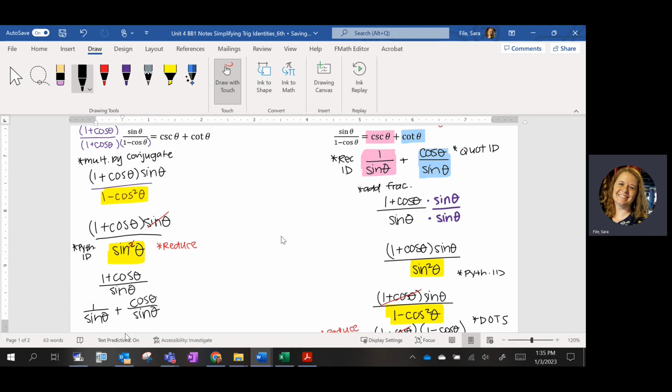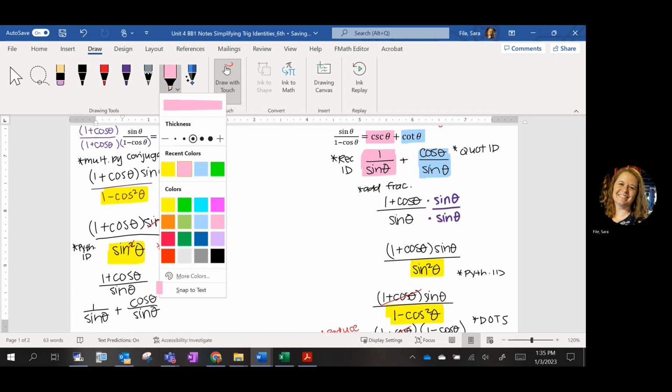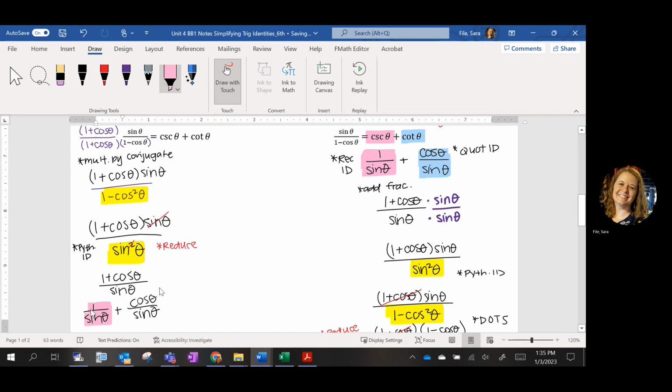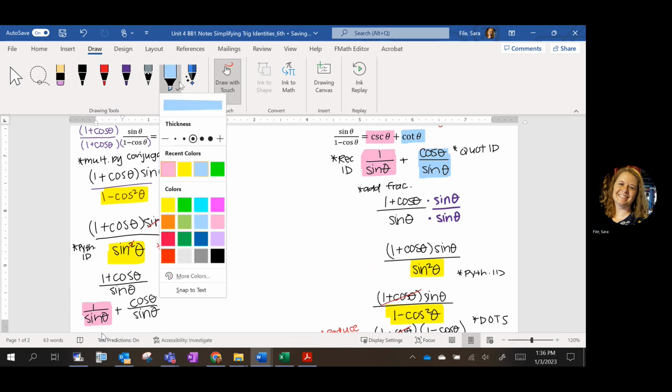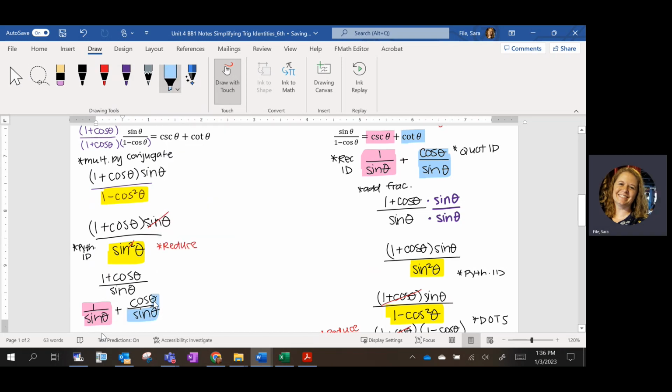Now what could I do? Yeah, this is a reciprocal identity for cosecant. It actually equals cosecant. I'm going to be able to substitute that. And cosine over sine, that's a quotient identity.